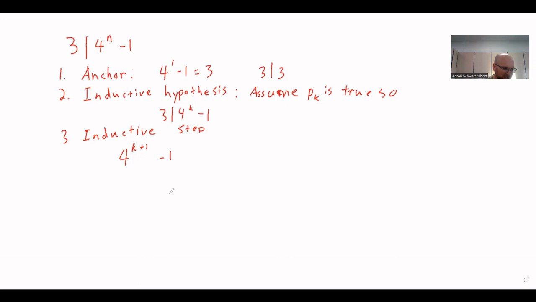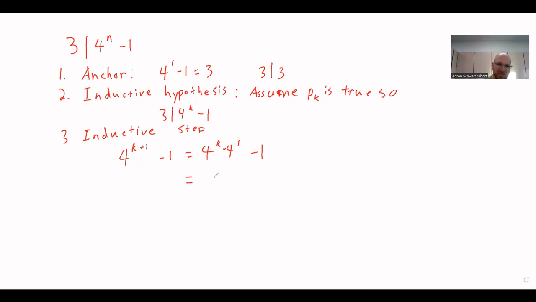So that means this equals 4^k times 4 to the first. That's using my exponent rules, that I add these exponents k and 1 to get k plus 1.